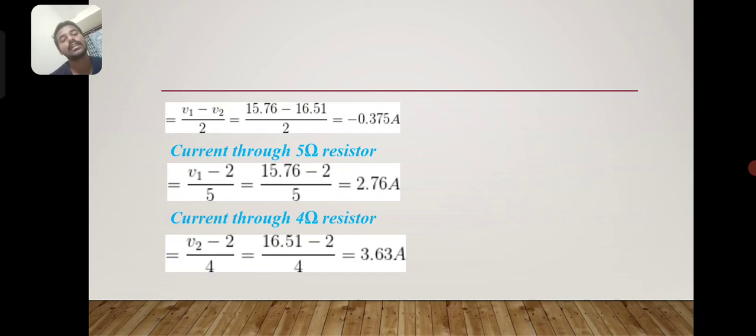Current through the 5 ohm resistor, V1 by 5 is equal to 15.76 by 5, which is 3.15 amperes. Current through the 4 ohm resistor is (V2 minus 2) by 4; we know V2 is 16.51, so substituting, (16.51 minus 2) by 4 is equal to 3.63 amperes.